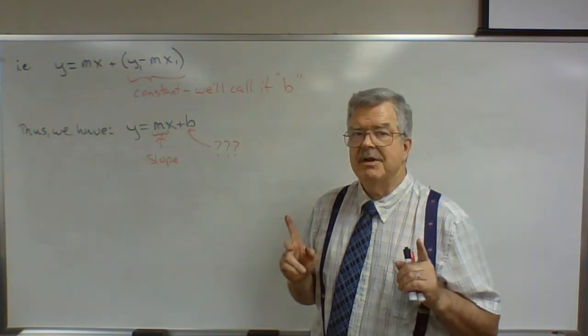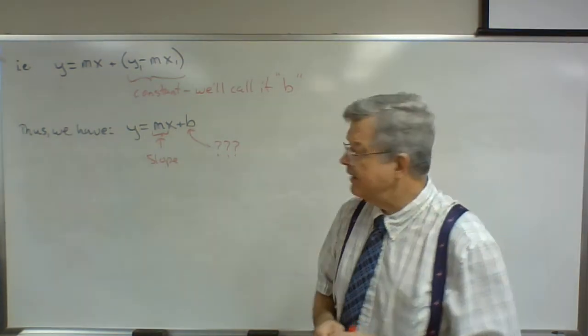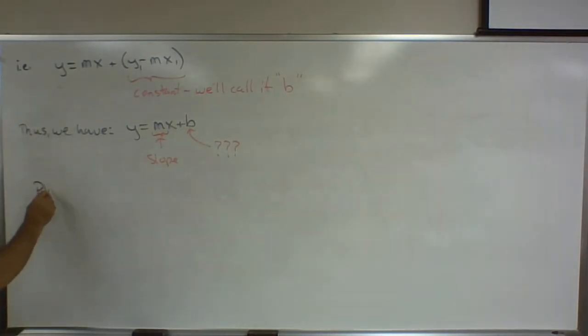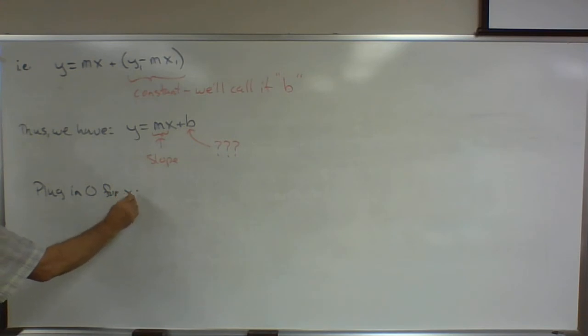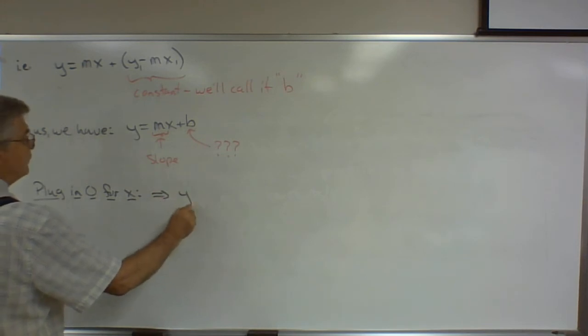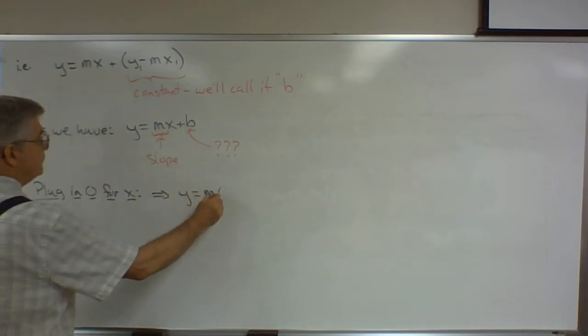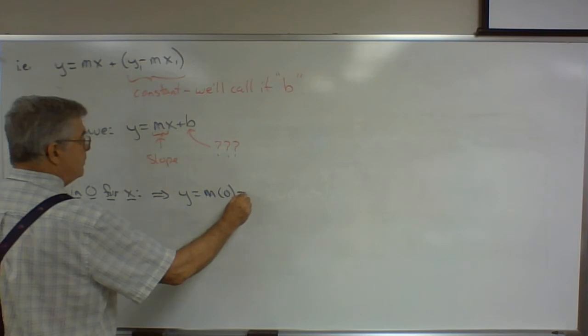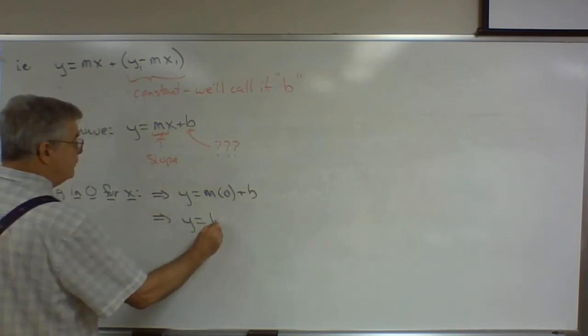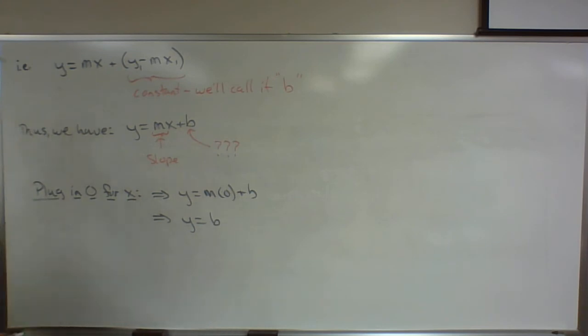And the way to do it is just to plug in 0 for x. And this gives us y equals m times 0 plus b, or just y equals b.